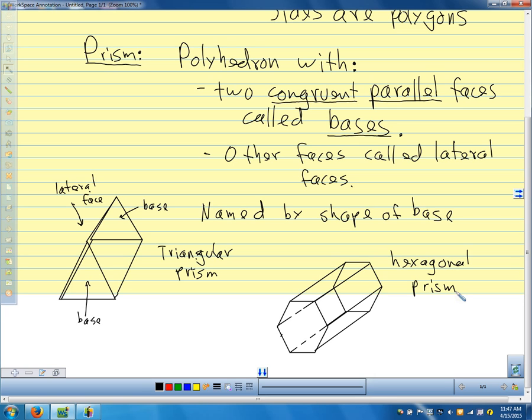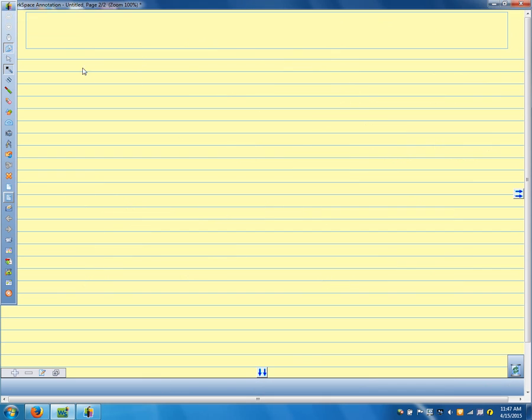All right, questions about the idea of a prism and how we name them? Okay, a couple of important things that we're going to need to be able to find with prisms is the altitude or the height. They're actually two different things, but we kind of use them interchangeably.